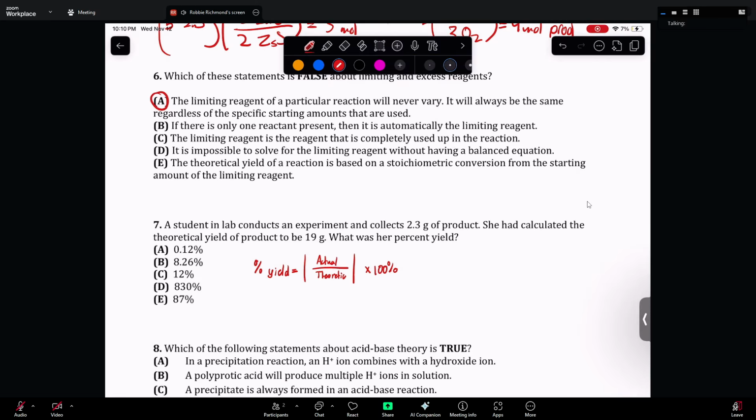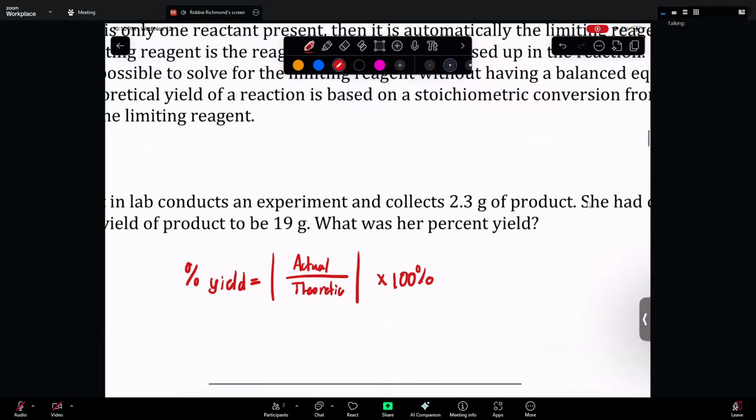Question number 7. A student in a lab conducts an experiment and collects 2.3 grams of product. She had calculated the theoretical yield of the product to be 19 grams. What was the percent yield? This is another thing that you can throw in on that little table to remember for the beginning of the exam, to splurge on the exam information sheet.